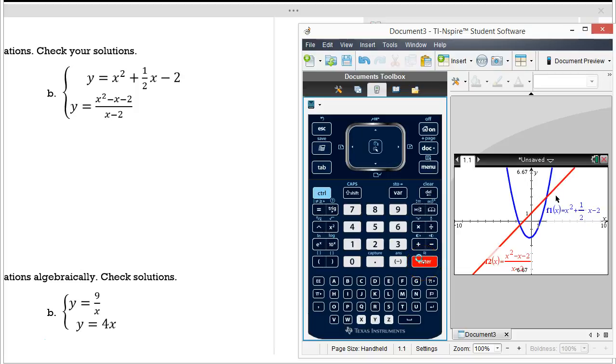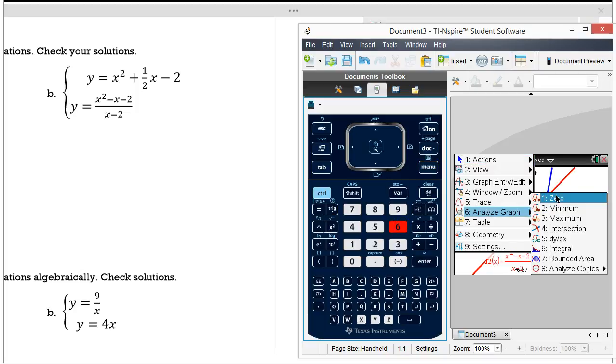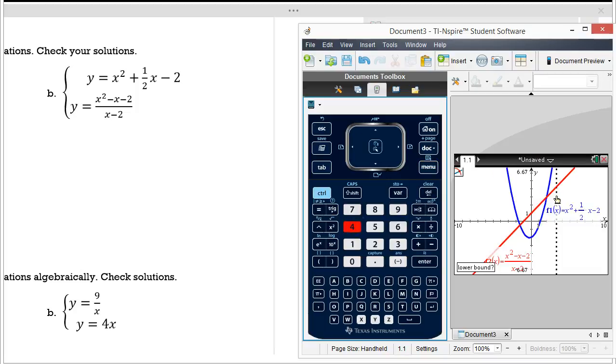You can see here I have 2 points where it's crossing. So I'm going to go to menu, analyze graph, intersection. I'm going to go to the left, press enter, and to the right of that first point and press enter. I get x equals negative 1.5.